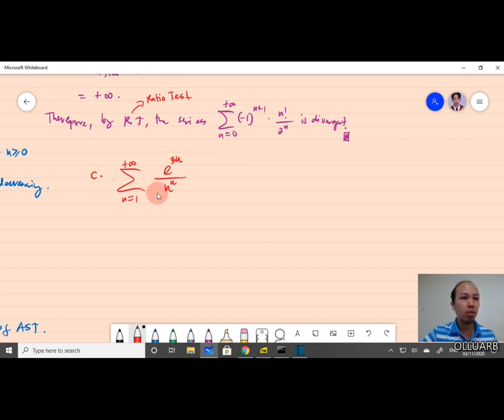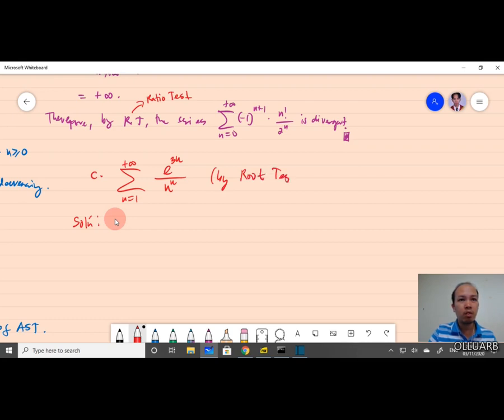So still you can use the ratio test or the root test for this kind of problem. Let's try to solve this using the ratio test. No, the root test.